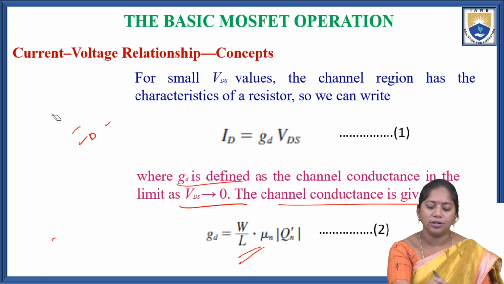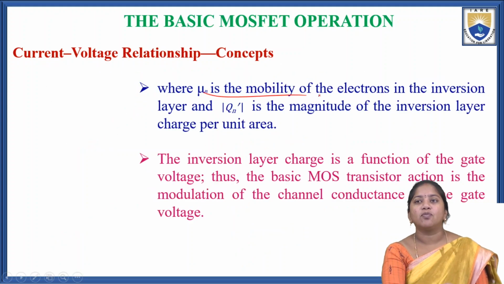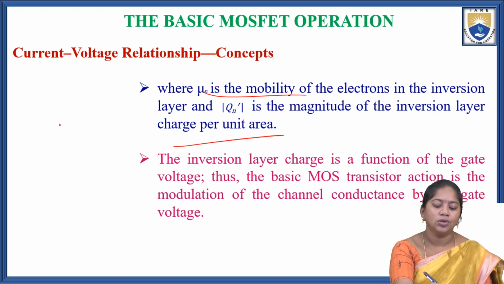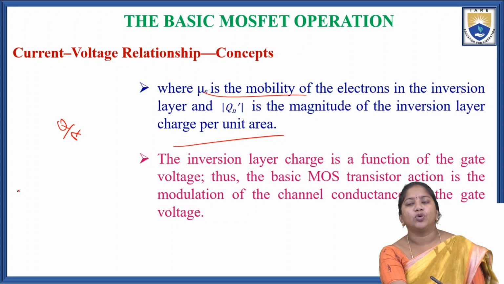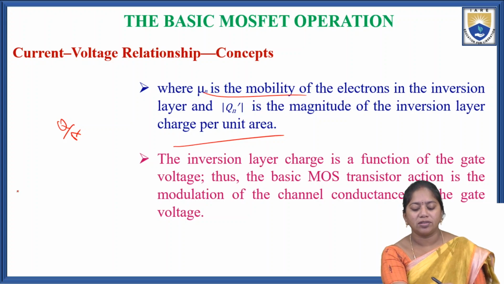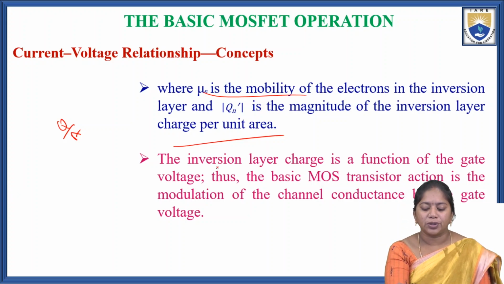That is equation 2, where mu n is the mobility of the electrons in the inversion layer and Qn dash is the magnitude of the inversion layer charge per unit area.